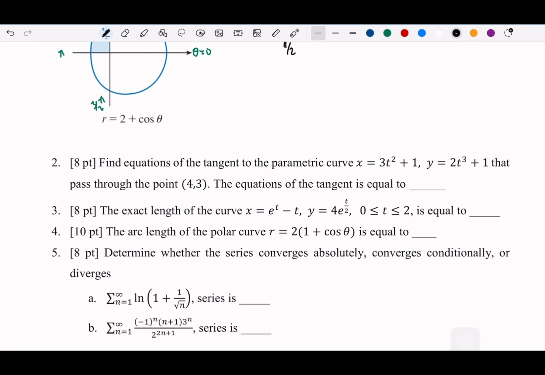Or if we just take the inside equation, which is only 1 plus cosine theta, we know that since this is 1, 1, and we already have some preview on the polar curves, this will be a cardioid. If you remember, the cardioid, the shape is similar to a heart, right? And then since this is cosine and it's plus, this will have a large portion on the right side. Okay, so we can imagine the figure for number 4.